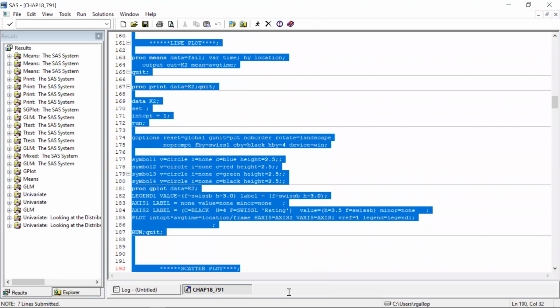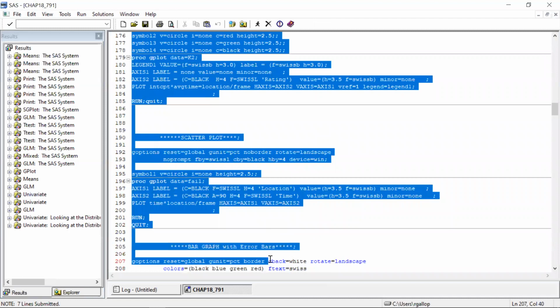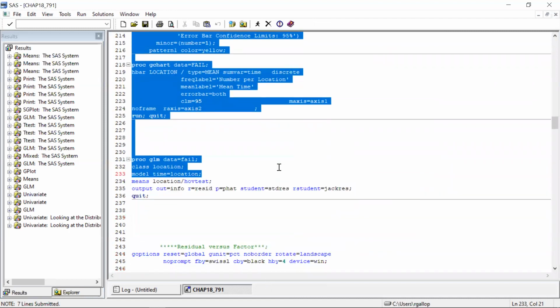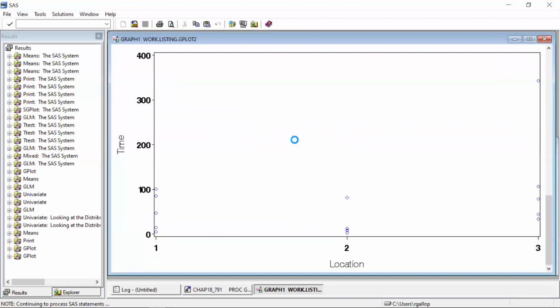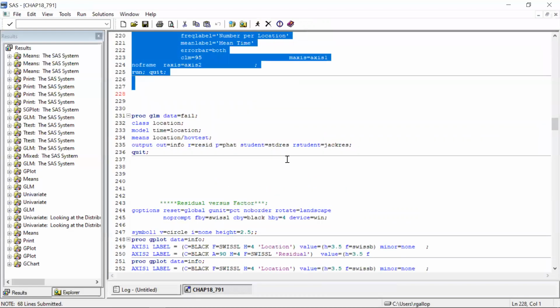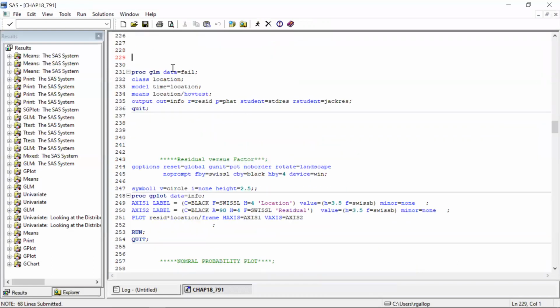Again, get some of the plots. Some of the goodness of fit plots we just run across quickly. Some of the ones you may be interested in.